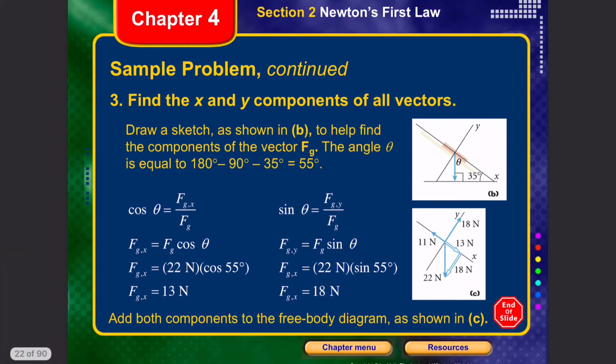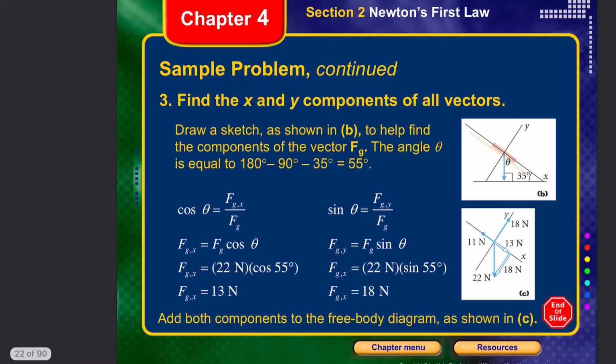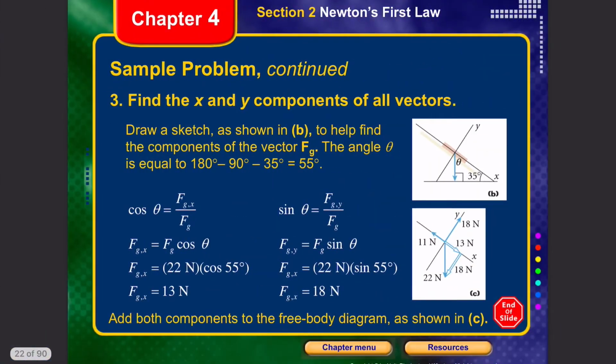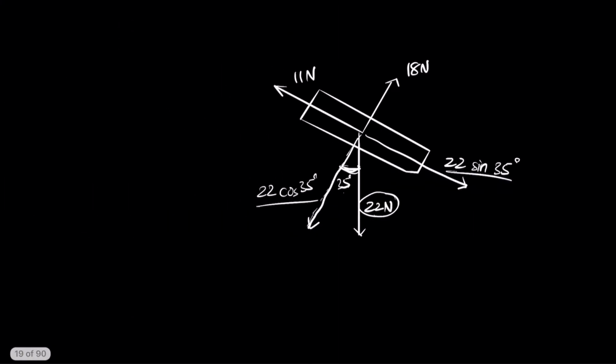Now try to find out 22 cos 35 and 22 sin 35. So those values will be, so this will be 13 Newton, sorry, this is 18 Newton, and this will be 13 Newton. So now, without drawing the 22 Newton vector, write down the vectors here.